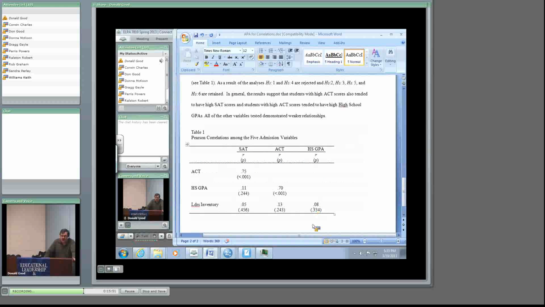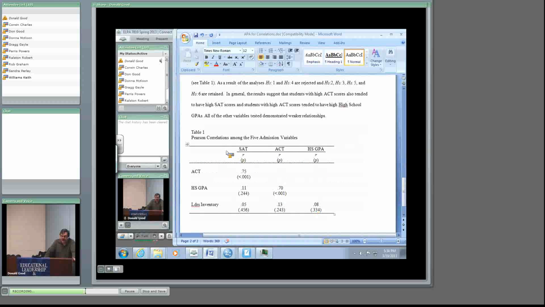Look at my table there. Notice part of the table is blank. Why is it okay for this stuff to be blank? And the answer is because it is redundant information. I don't need high school GPA and ACT right here because I've got high school GPA and ACT right here.